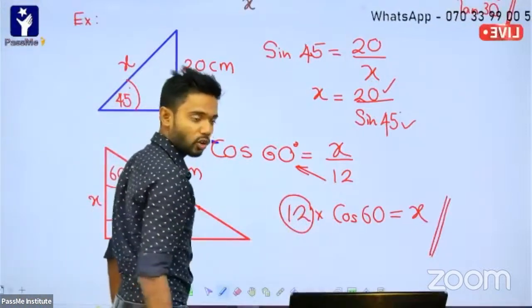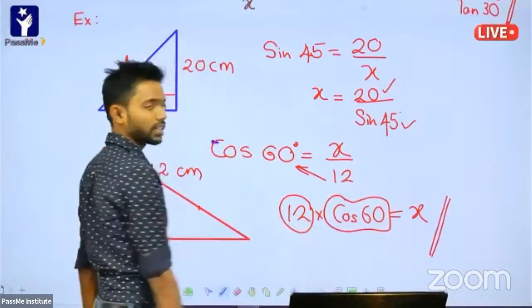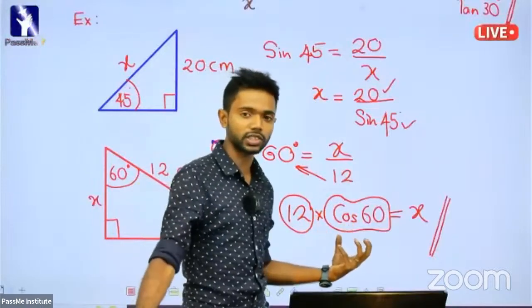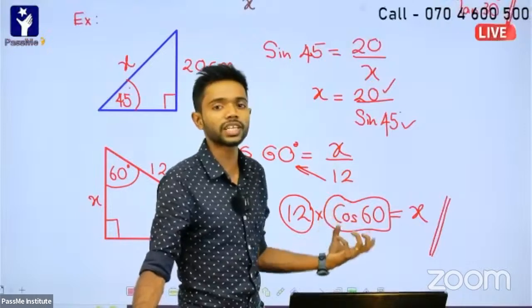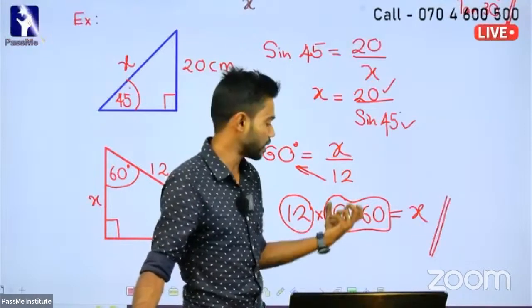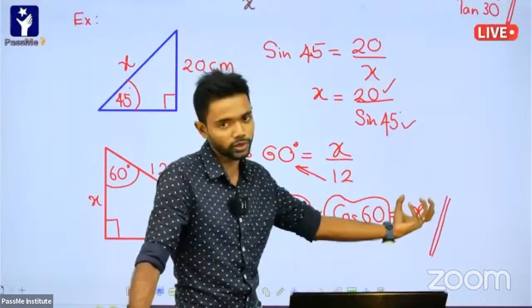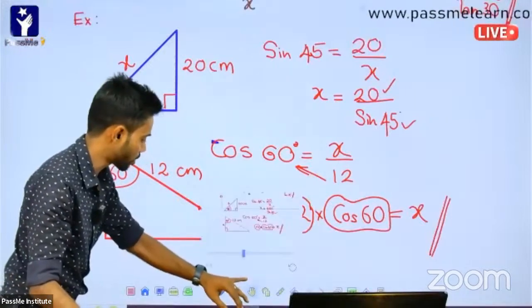Cos 60 is still unknown, but once I introduce the cos table, there is a table called cos, with that table you can easily obtain cos 60. Once you know, you can substitute here and multiply with this one, and finally you will end up with the answer for x. So I will zoom out for a moment.